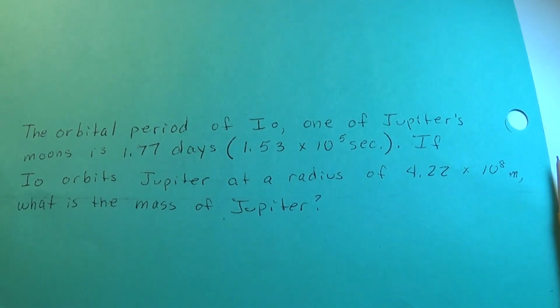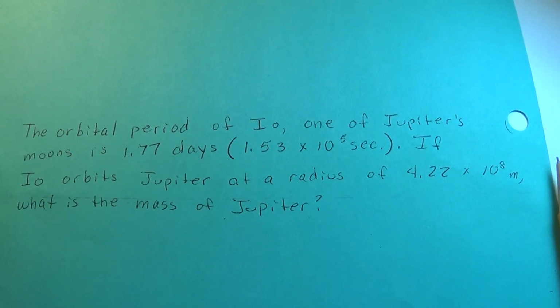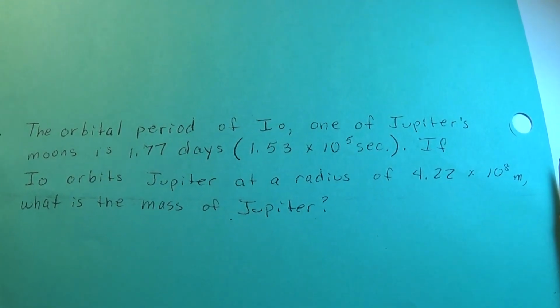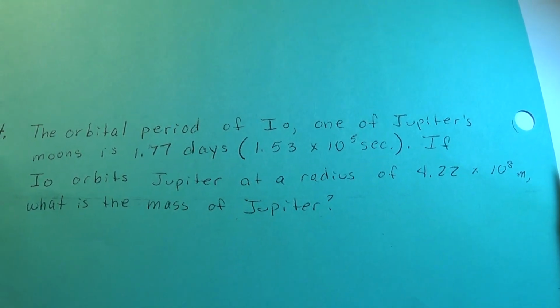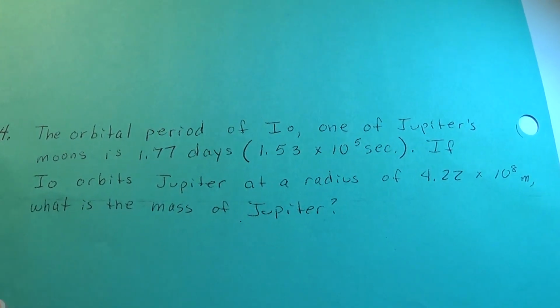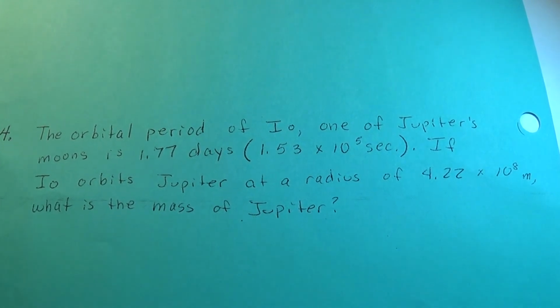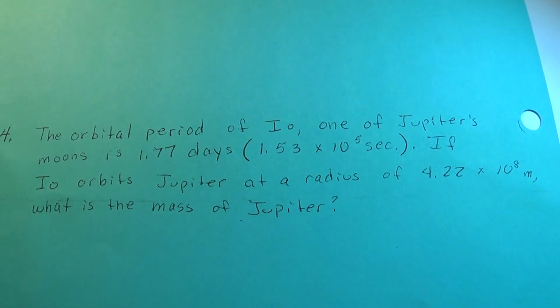If Io orbits Jupiter at a given radius, then what is the mass of Jupiter? That was number 4. Our formulas, either one or both, will give you the answers to all of these questions. So write them down.